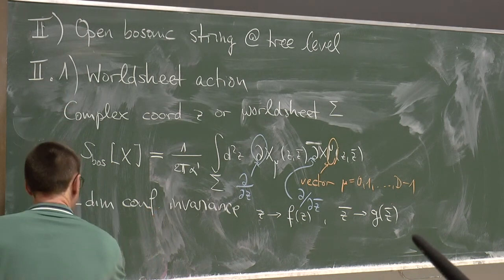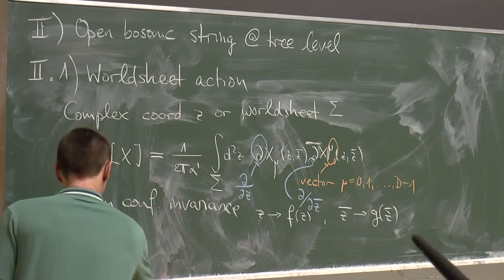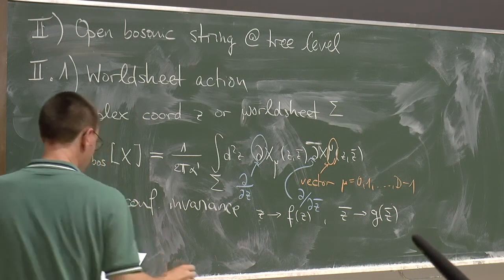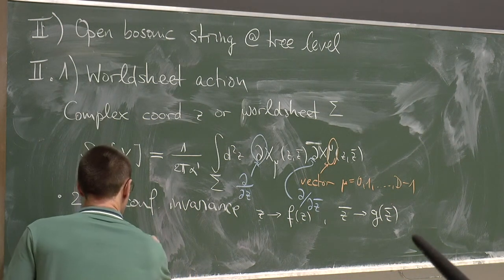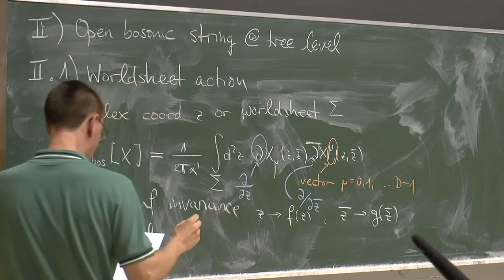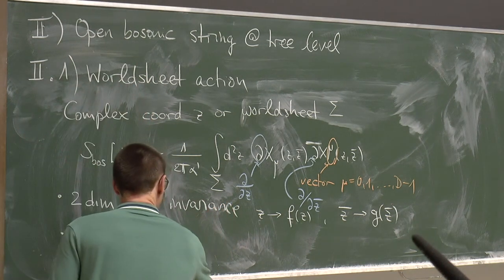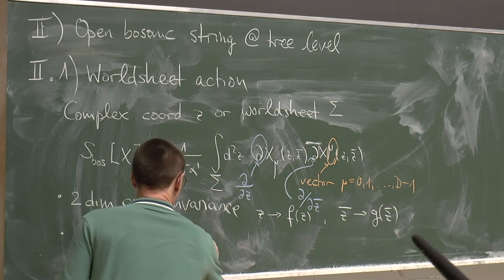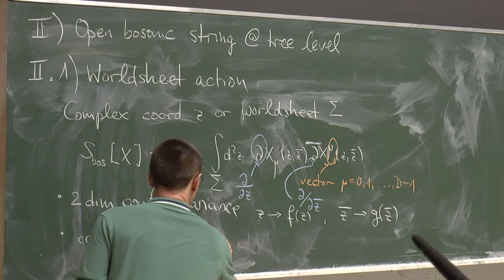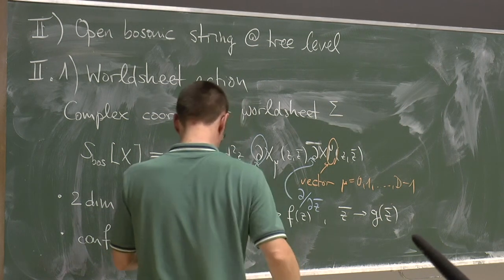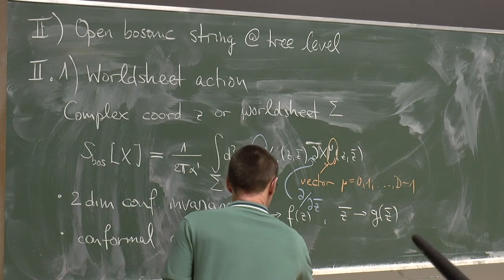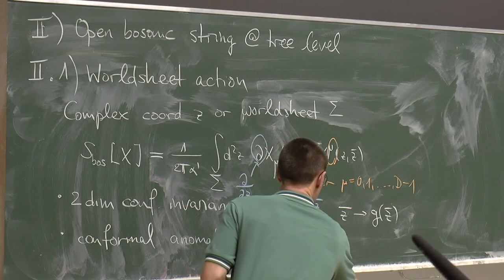But of course, whenever there's a symmetry, we need to worry about whether it's stable under quantum corrections. So here this would be about quantum corrections from the worldsheet perspective. You may need to worry about conformal anomalies. So without spelling out the intermediate steps, let me state the result.